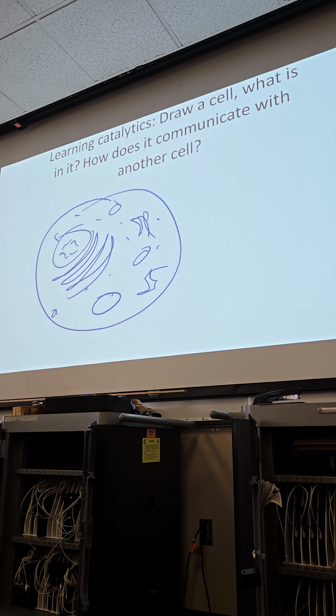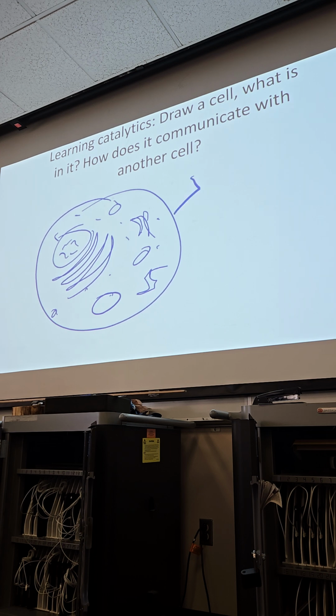And so, if you're going to communicate with something, you're going to release a signal. Okay, what are some signals that we've talked about so far? Noggin and BMP4. How do they communicate with another cell? A receptor, right?